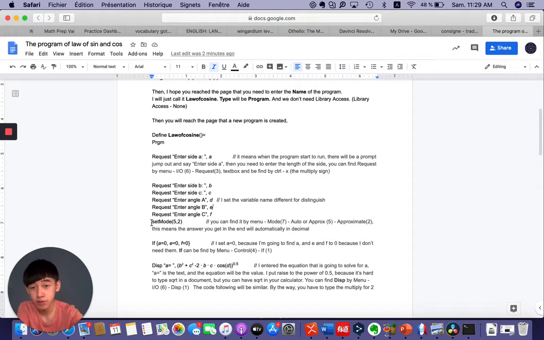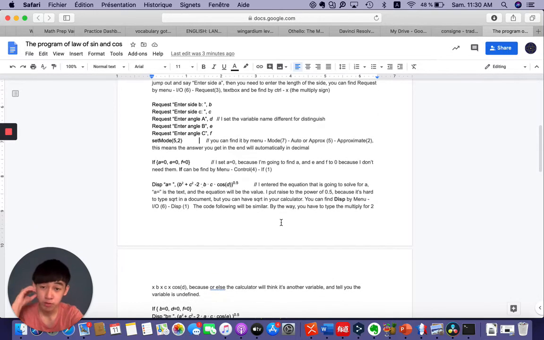And here you need to put set mode 52, and I put this because you want the answer in the end to be in decimal. You can find this by menu, mode, and auto or approx, and you can choose approximate, and there will be set mode 52 automatically there.